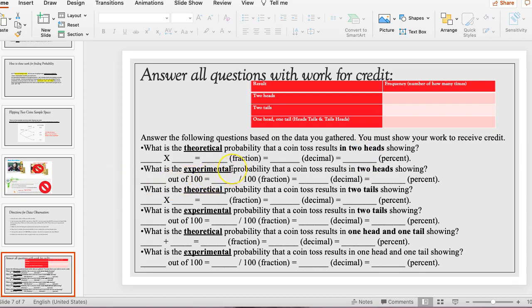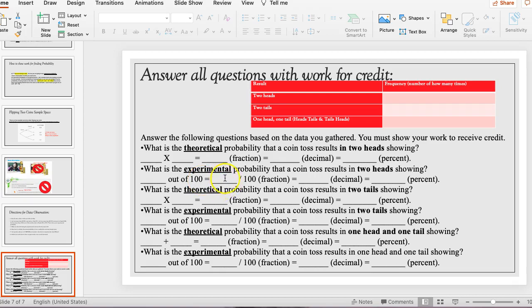Now, experimental probability means you actually performed the experiment, you flipped the 2 coins, and you are looking at your data here. What is the experimental probability that a coin toss results in 2 heads? Well, then I need to come up here and look at 2 heads, and whatever I recorded here, that number is going to go in this blank out of 100 coin flips.